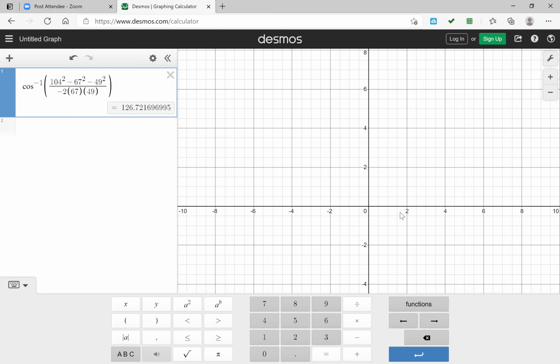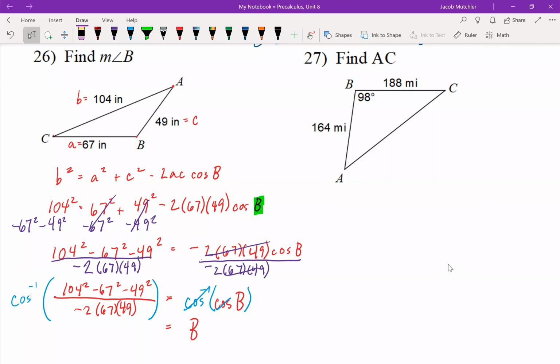And I want to round to the tenth. So I'm looking, that's a 0.7. To the right of it's a 2. So I'm going to stick with 126.7 degrees. And that finalizes for us this measure of angle B. That's 126.7 degrees.